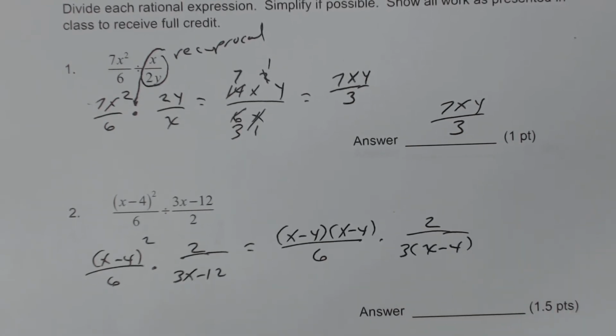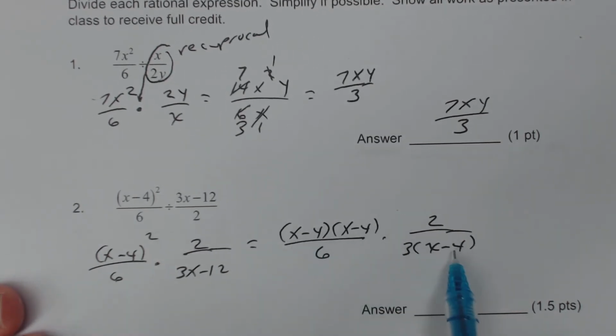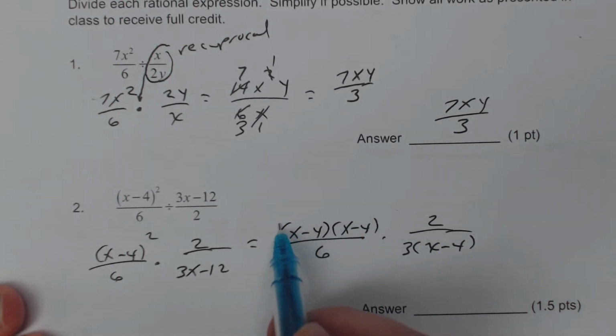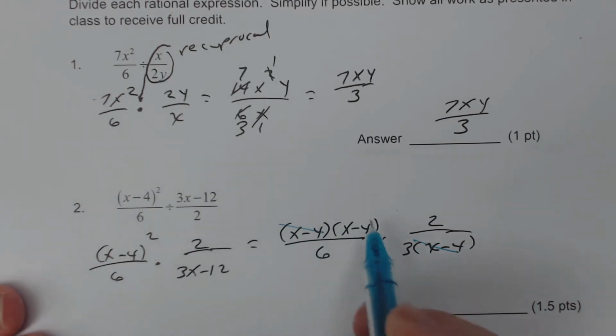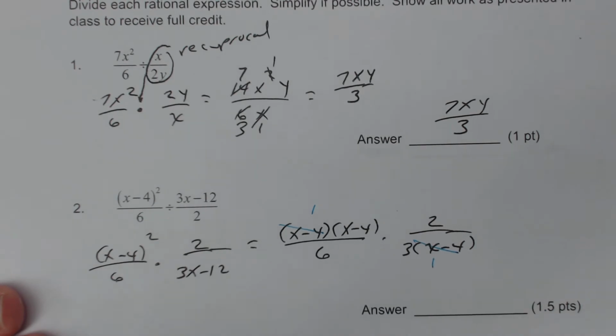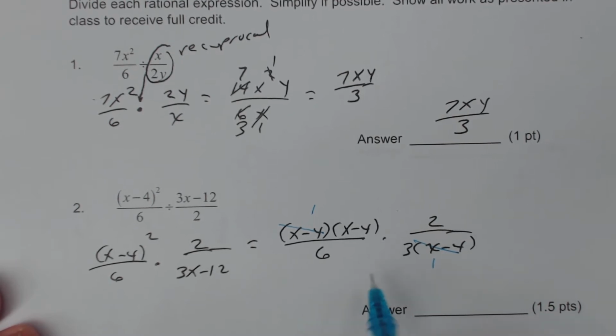All right, now the next step is to reduce your common factors. So when I reduce, let's see, x minus 4 will reduce with this x minus 4. So when I do this, I get factors of 1 in their place. And for this x minus 4, there's no other factor of x minus 4 down here.